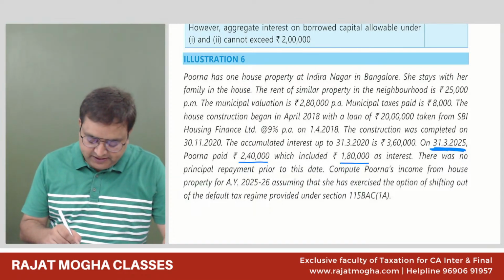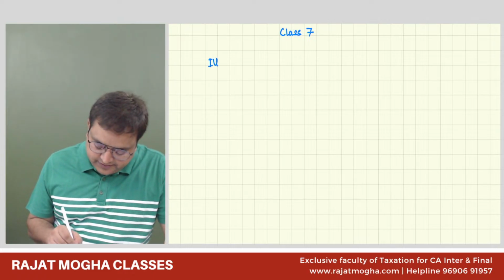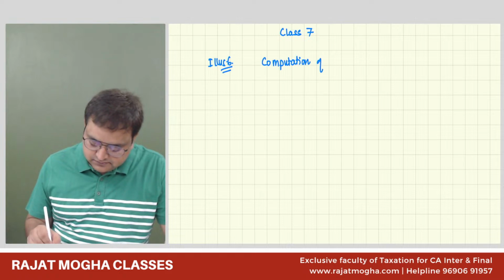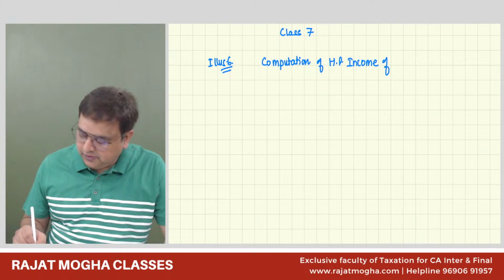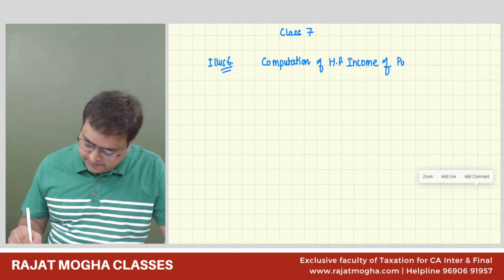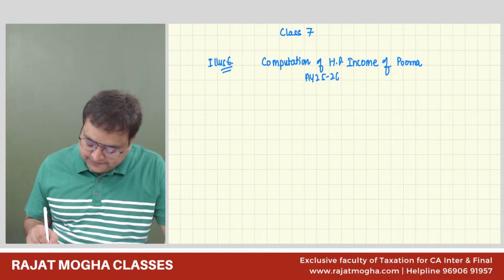So please, with me, illustration number 6. We have to do the computation of house property income of Poorna, assessment year 25-26.